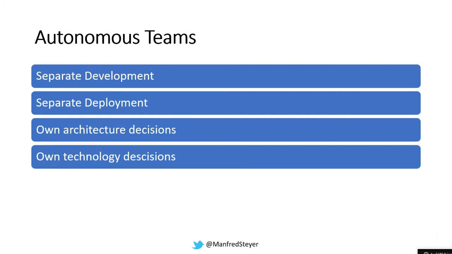Not each and every architecture fits for each and every domain. And also when it comes to technologies, we don't want to stick with the technologies we are choosing today. Perhaps in 7 years, there are better technologies for the domains we have to implement.